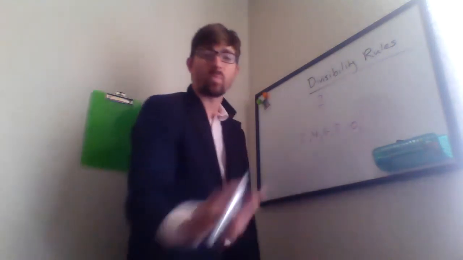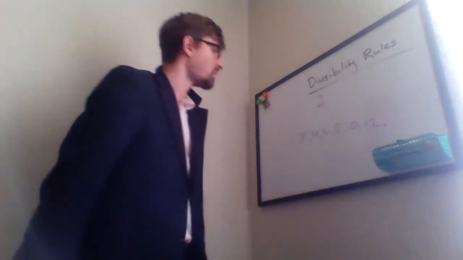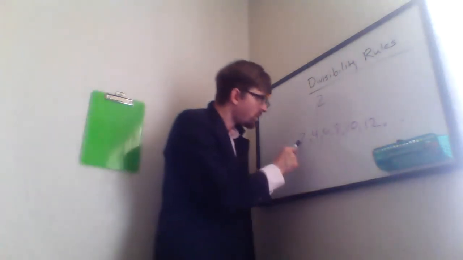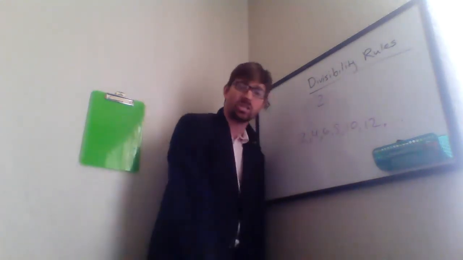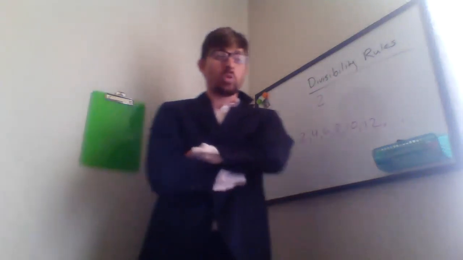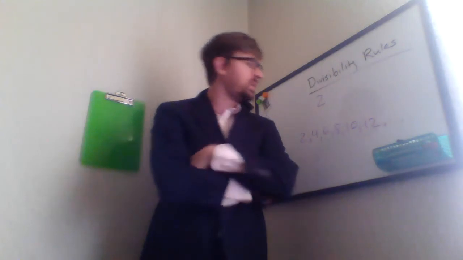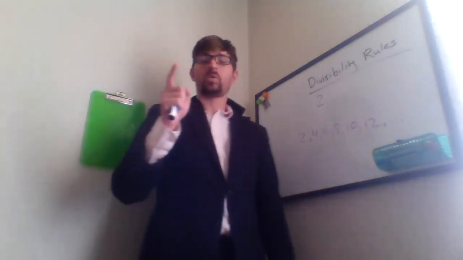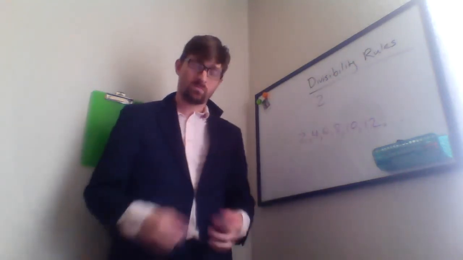Add another 2 on top of 10, that's 12, right? Now, what do you notice? What type of digit is that last digit? I know this might take you back quite a ways, but for those of you that remember, these are what we call even digits. So if the last digit is even, it's divisible by 2.